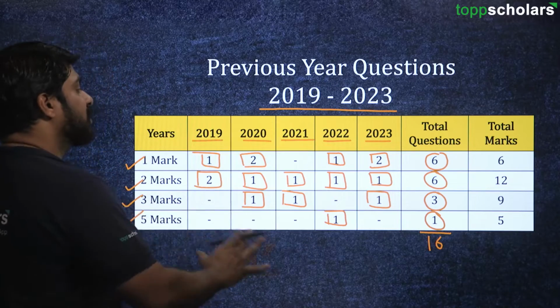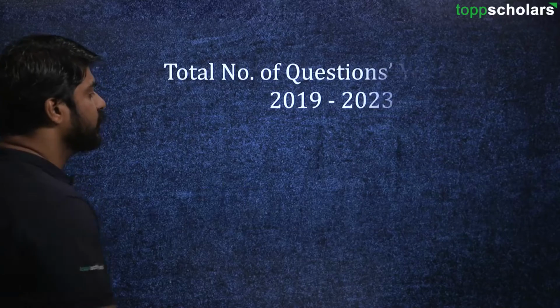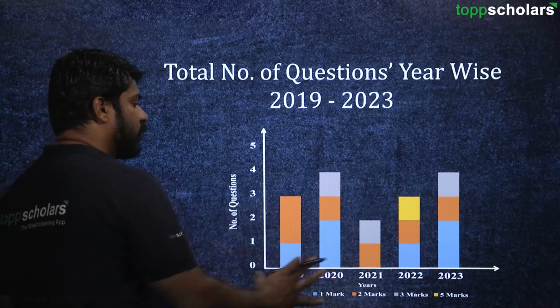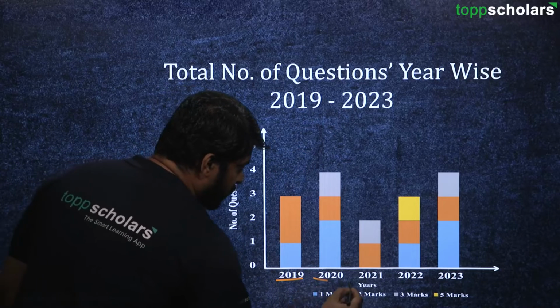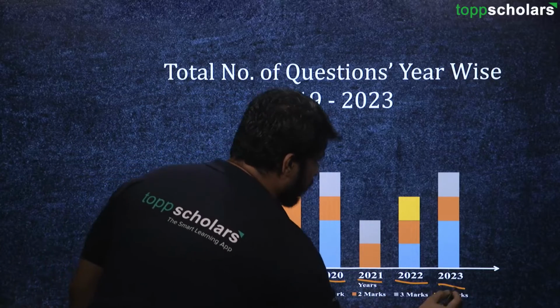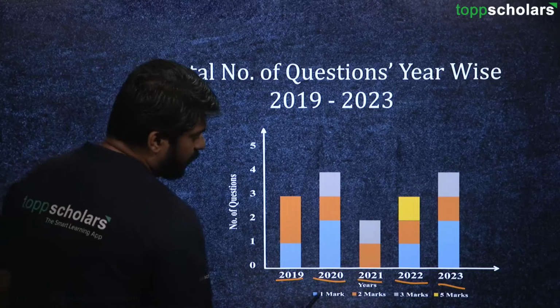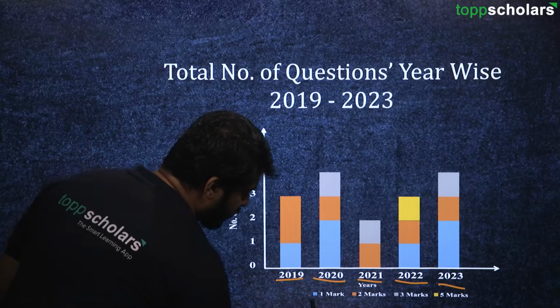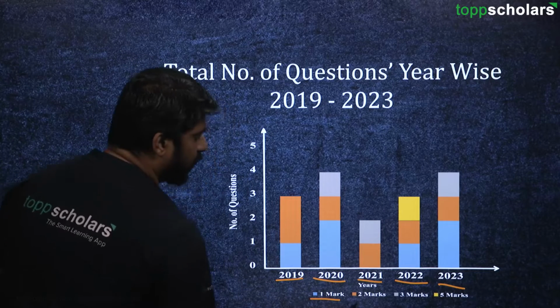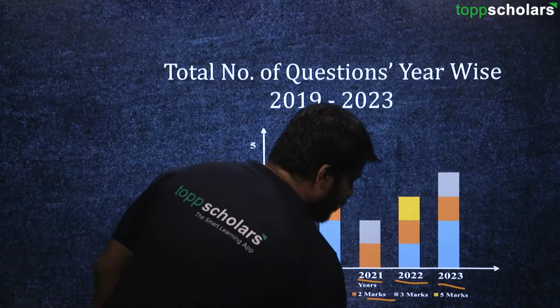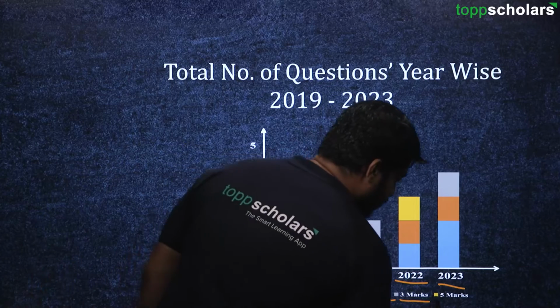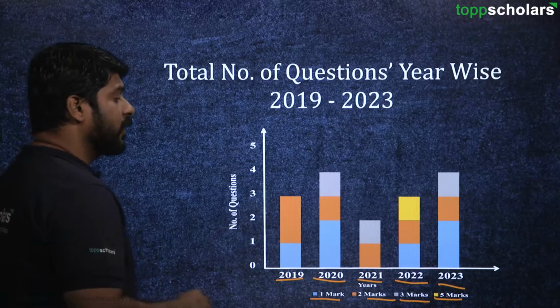This same statistics has been displayed over here with the help of a graph. Here, year wise, you can see different types of questions that were asked. Different colors indicate different marks: blue indicates 1 mark, orange indicates 2 marks, this grayish color indicates 3 marks and yellow indicates 5 marks.